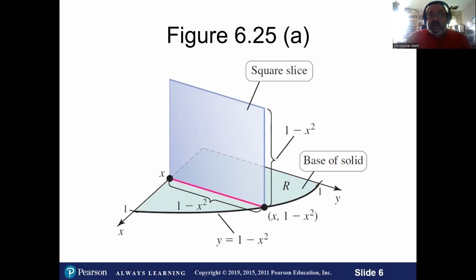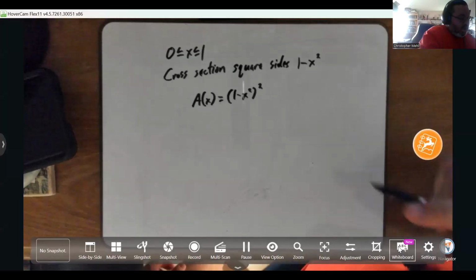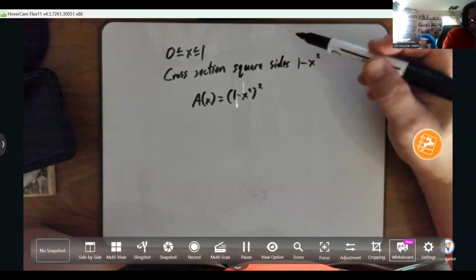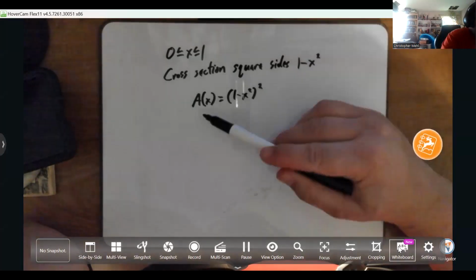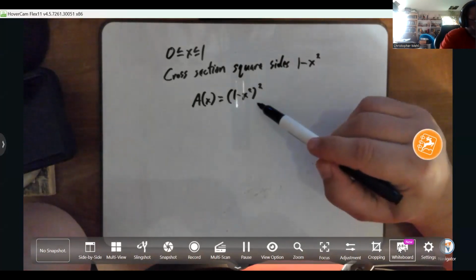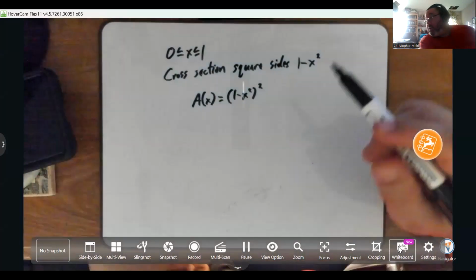So if it's a square slice, the area of each slice is 1 minus x squared, quantity squared.